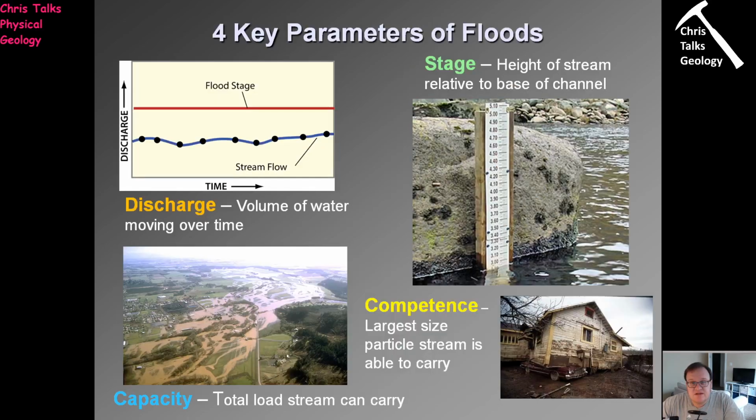So these are the 4 key parameters of floods. Obviously the first one is discharge. So your discharge has to exceed what we refer to as the flood stage. Once the discharge gets above the flood stage, well, that means there's so much water in the river, it's going to come over the banks. So stage itself is the height of a stream relative to its base of channel.